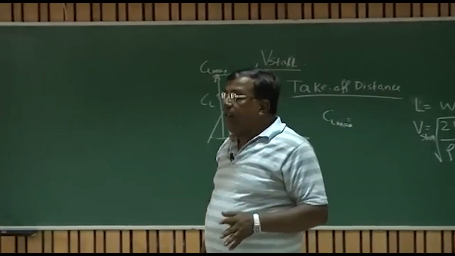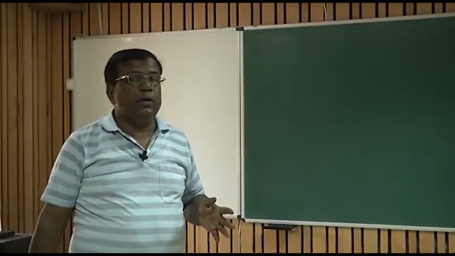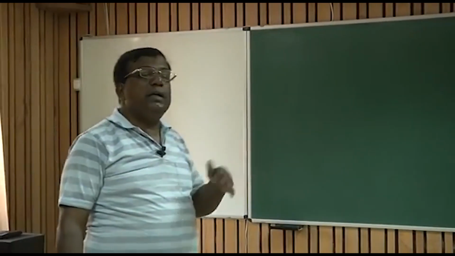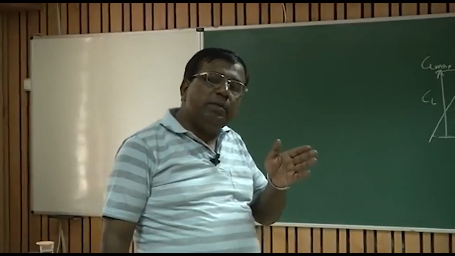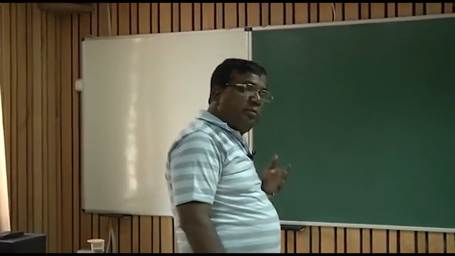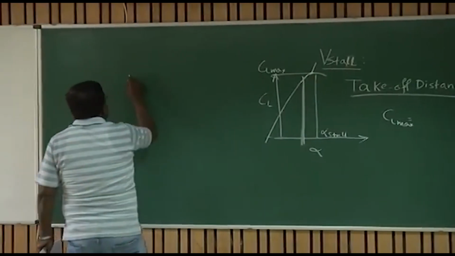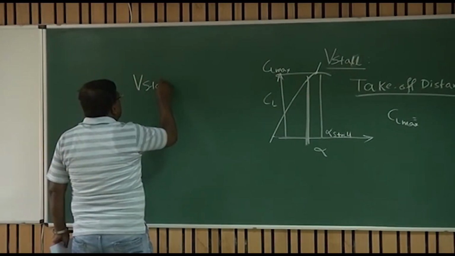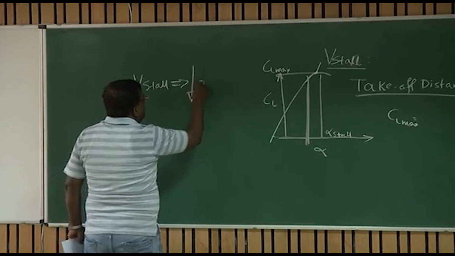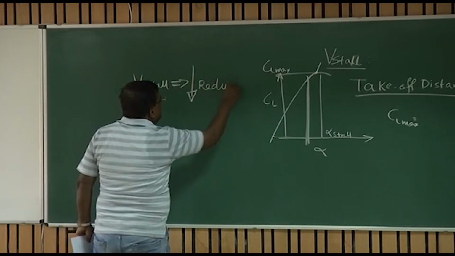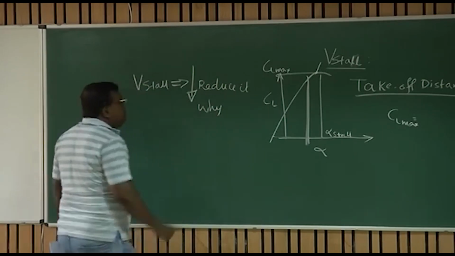But I repeat again, the pilot will not like to fly at that CL max, because if there is a slight disturbance, he may dip into a stall. So he will be flying a little less, maybe 20% less than CL max, which is practical. So if I want to reduce Vstall, if I want to reduce it, why should I reduce it?